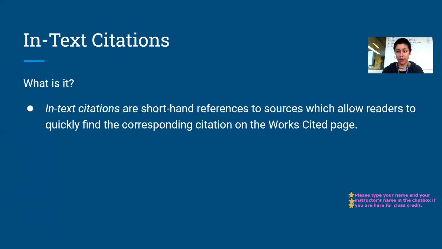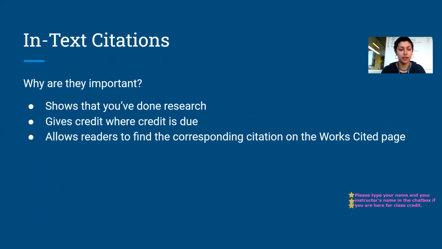So if you've been working with MLA or any citation style this semester, you'll notice that whatever appears in your in-text citation is the very first thing that will appear in your works cited entry for that specific citation. And I'll show you what I mean by that a little later.